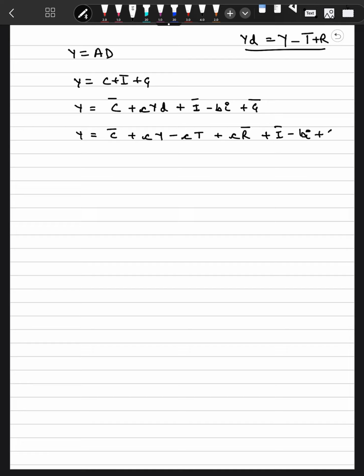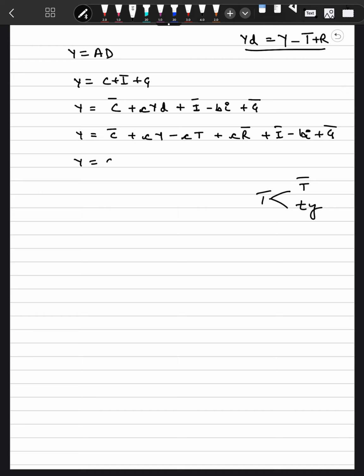Now again for tax we know that there are two components. Tax can be a lumpsum tax, and the other is proportional to income. So we say tax is of two kinds. First is normal lumpsum tax, that is autonomous, and second is proportional, which is proportional to our income. So again we are going to divide this into two parts.